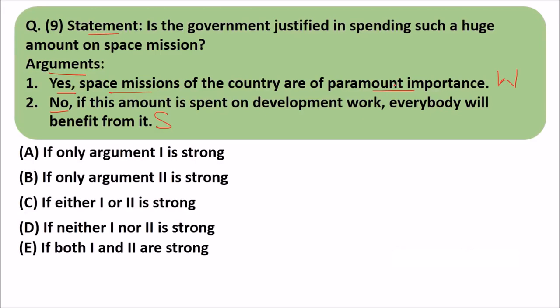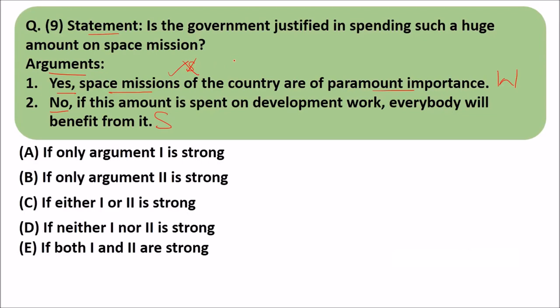Had they given that because of space missions the rural areas would get connected, or bandwidth will increase, or communication will become easier and all that, then we would have said that this is strong. But right now they have just given a subjective statement that space missions are of paramount importance. So this is a half explained argument.